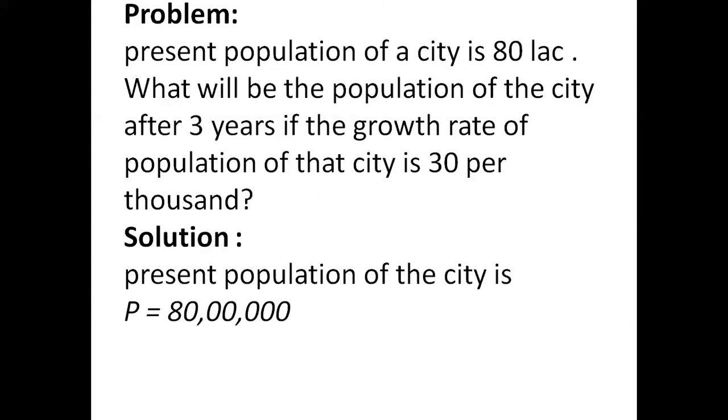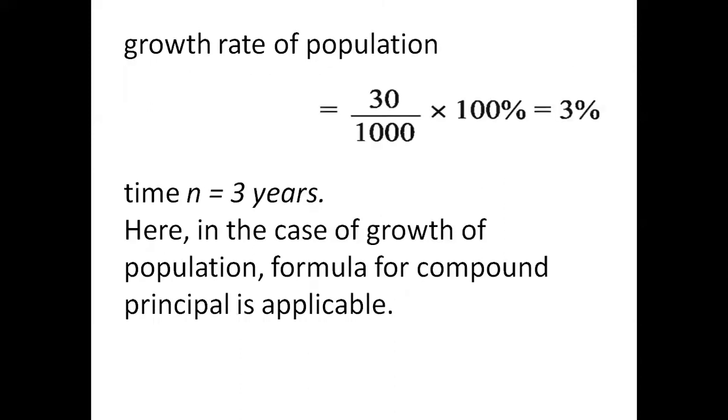Present population of the city is P equal to 80 lakh. So growth rate of the population, what is growth rate? 30 per thousand, that is 30 by 1000. If we convert it into the percentage, then we get 3%. And also given that n equal to 3 years.